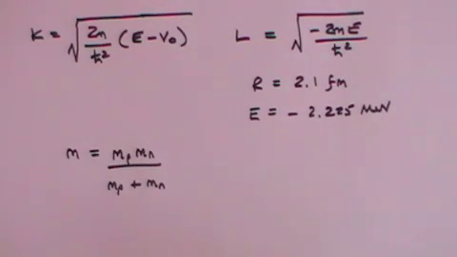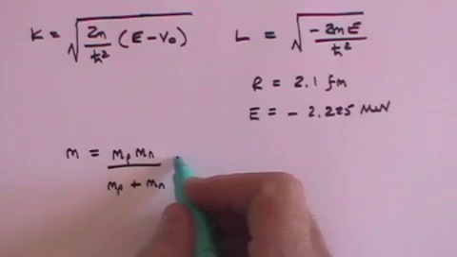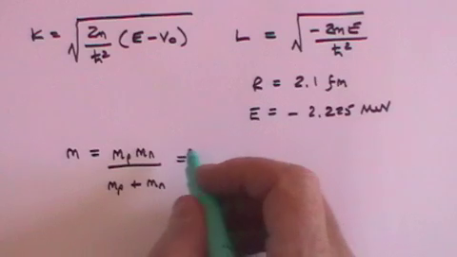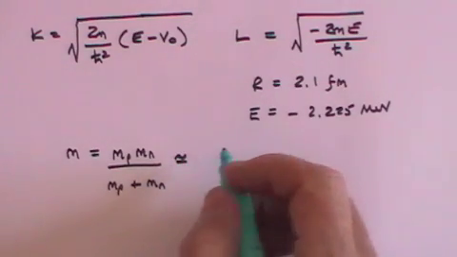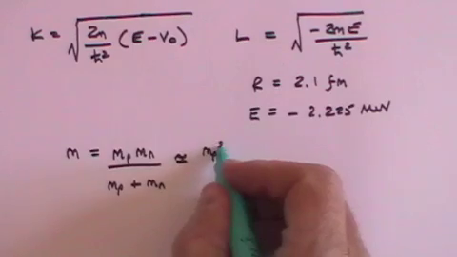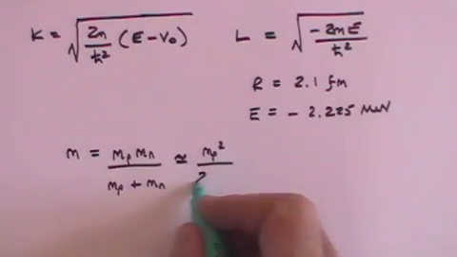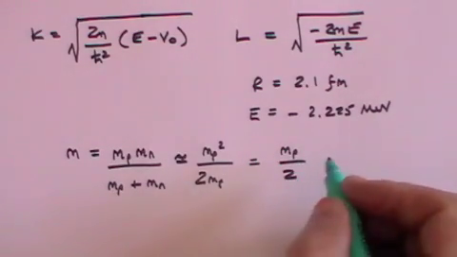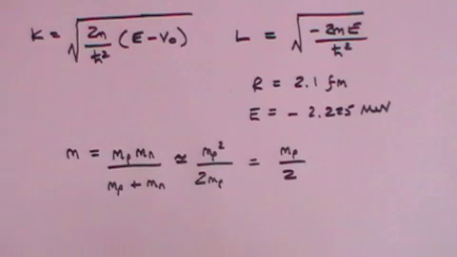But look, hey, the mass of a proton and the mass of the neutron are so close, we might as well just call this the mass of the proton equal to the mass of the neutron. That's a good approximation, so I'll put approximately. This is mp squared divided by 2mp, and that of course is just mp over 2. So the mass you use is half the mass of a proton.